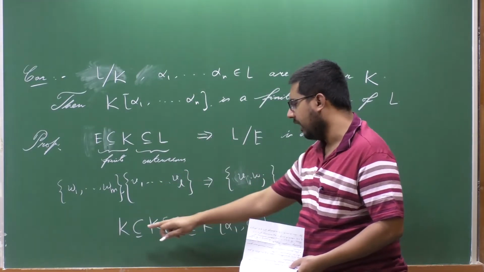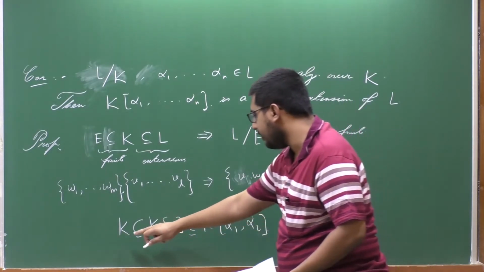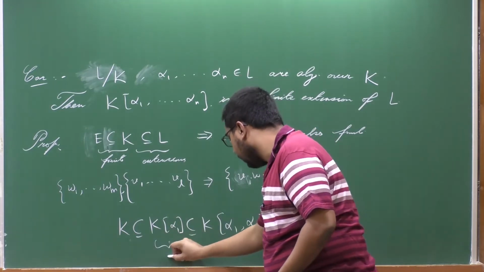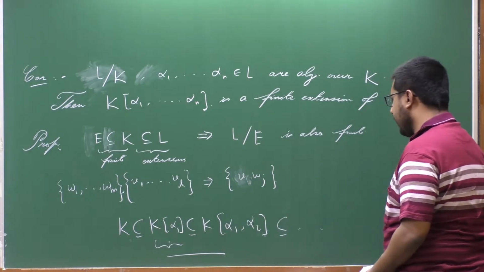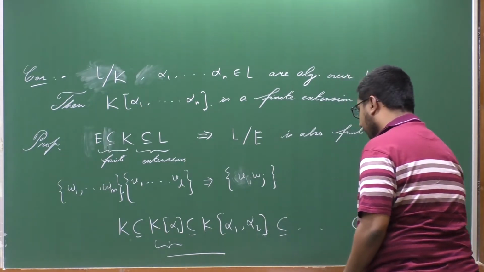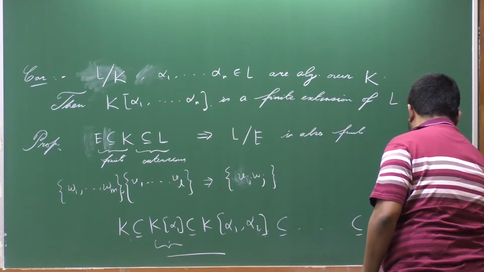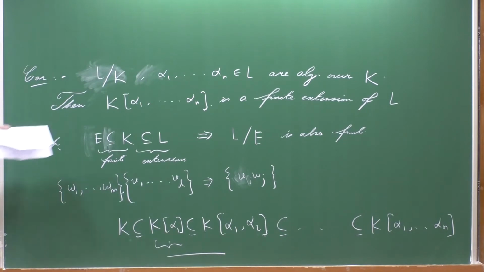Certainly since alpha 2 is algebraic over K, alpha 2 will of course be algebraic over this field. So therefore this is a finite extension, and step by step it goes like this. Okay. So by this product rule of successive extensions, you can conclude that this is also a finite extension.